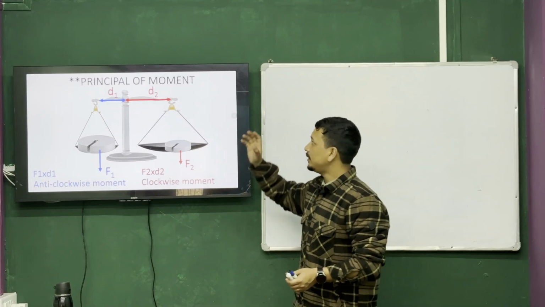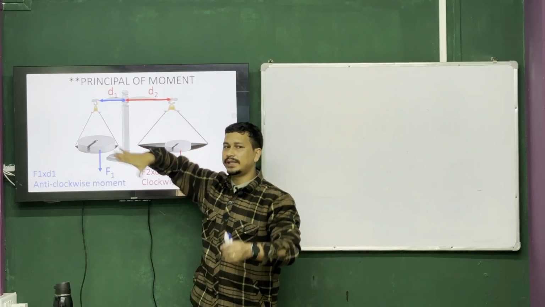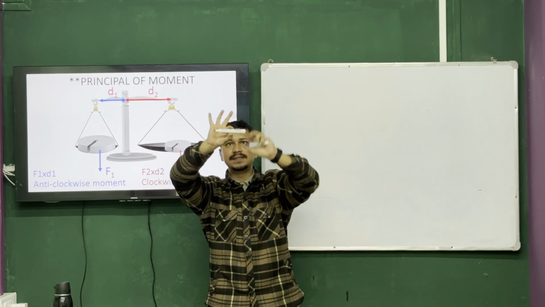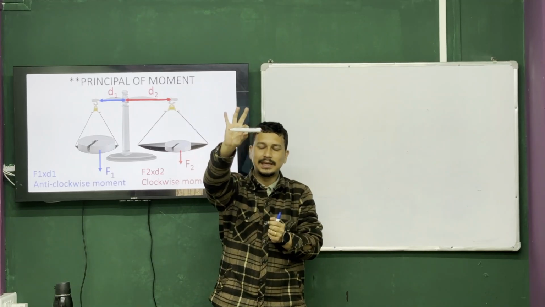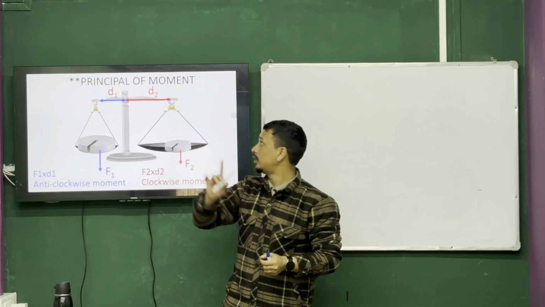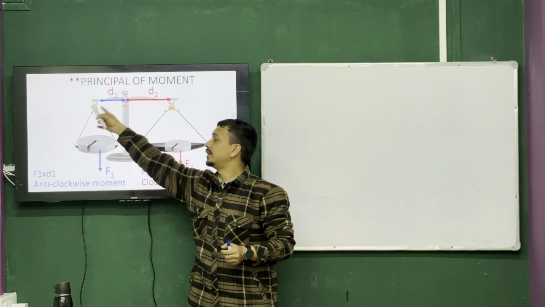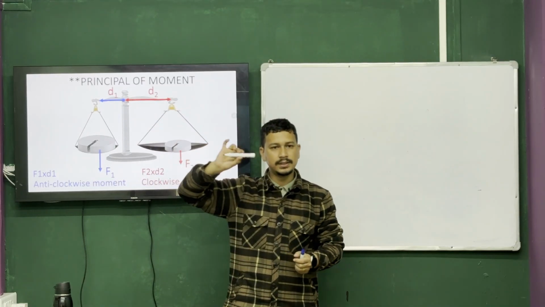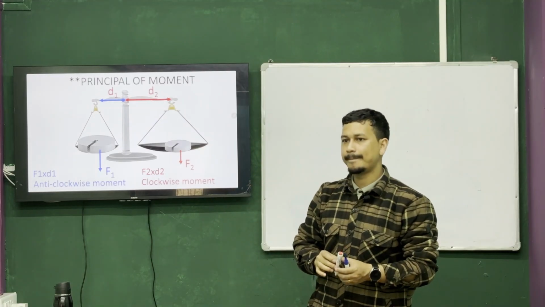Okay, and my question is, when will it remain balanced? Like, when will it remain balanced like this? Not move here, not move here. When will it remain balanced? Remember, this is not a normal physical balance. This arm is longer than this arm. Okay, so when will it remain balanced? So when F2 and F1 are equal.